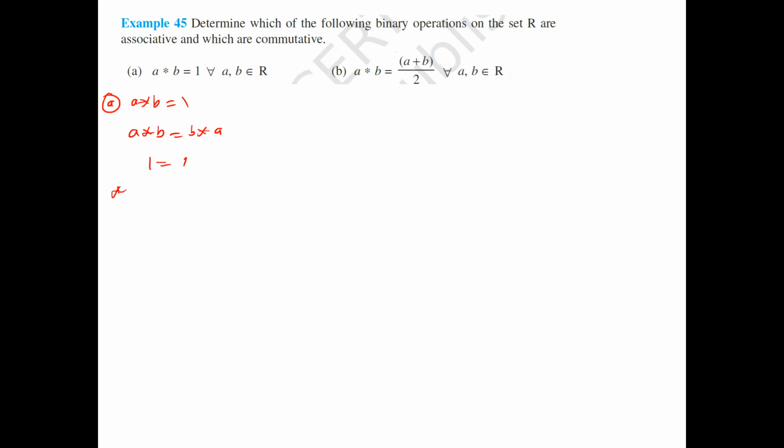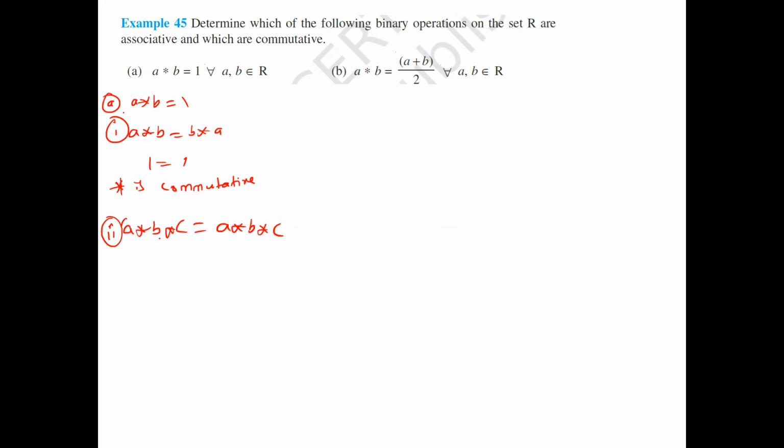Therefore, star is commutative. Next, I have to check the associative. What is the associative condition? (A star B) star C equals A star (B star C).